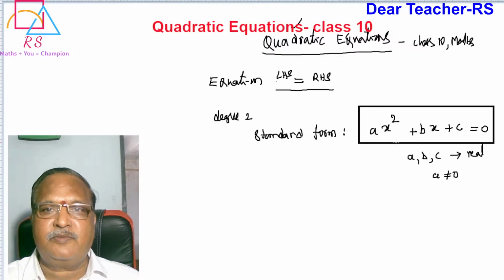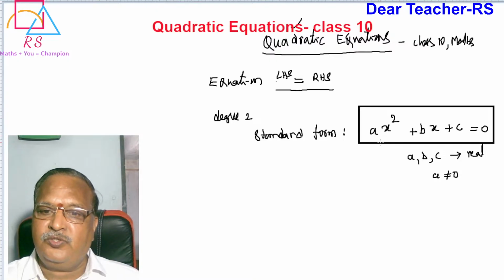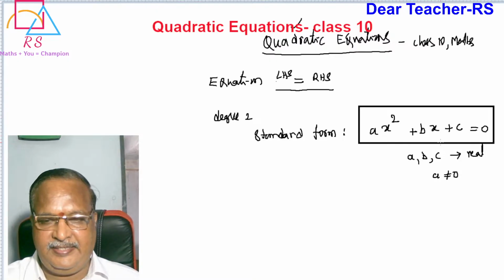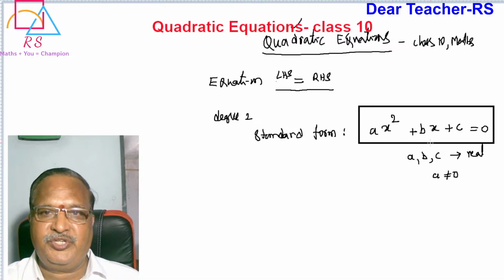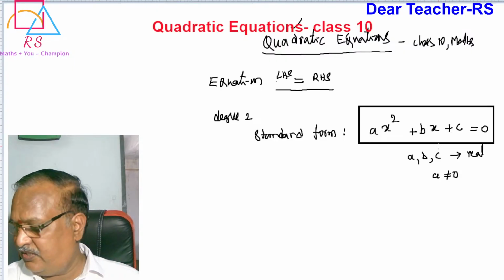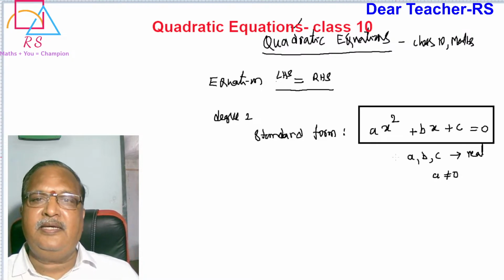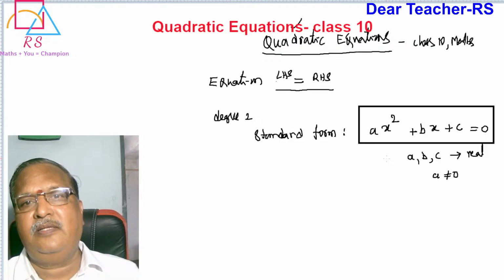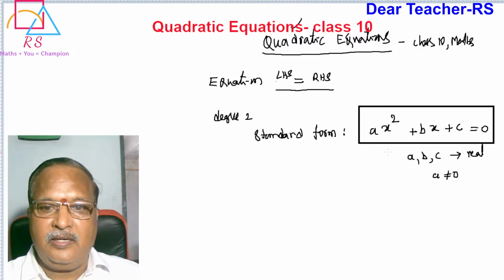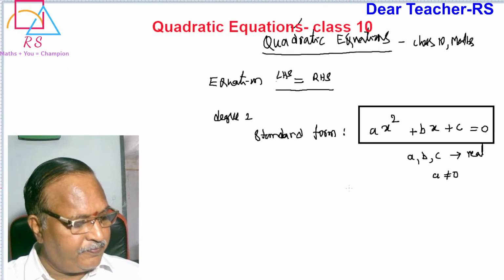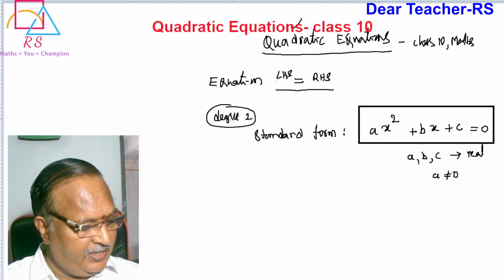There are maximum only 3 terms possible: ax square plus bx plus c. A should not be equal to 0, while a, b, c can be any real numbers, root numbers, rational or irrational, anything. It has degree 2, because in the quadratic itself it is a degree 2 equation.